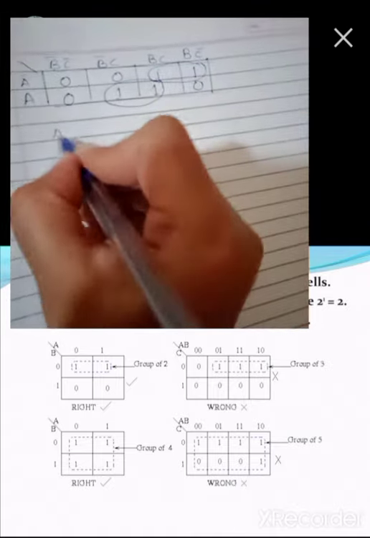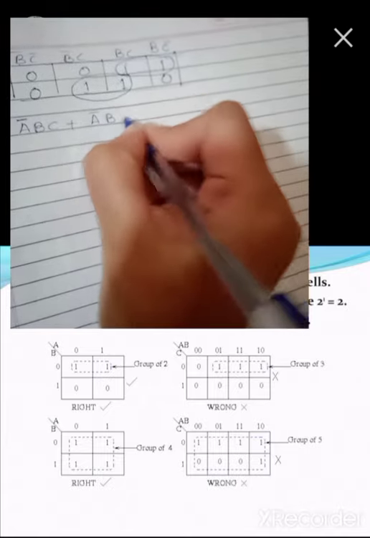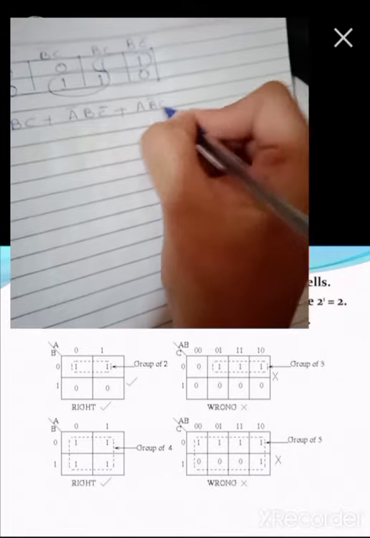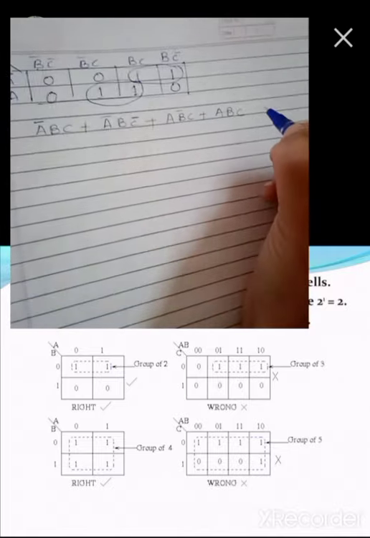So for this one we'll write A B C. For this one, sorry, A bar is here, so we'll write A bar B C bar. For this one A B bar C, and for this one A B C. Right. Now you can solve for this.